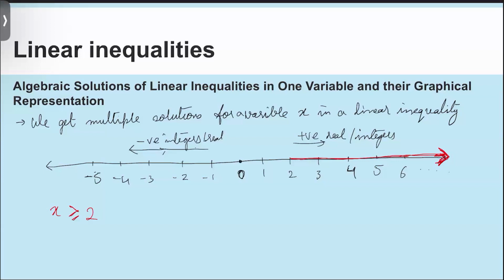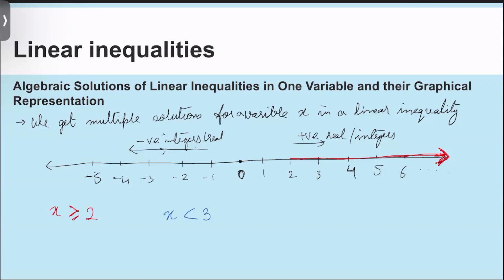Now the next kind of solution that we have is, say, x is less than 3. So over here you can see that x has to be less than 3.